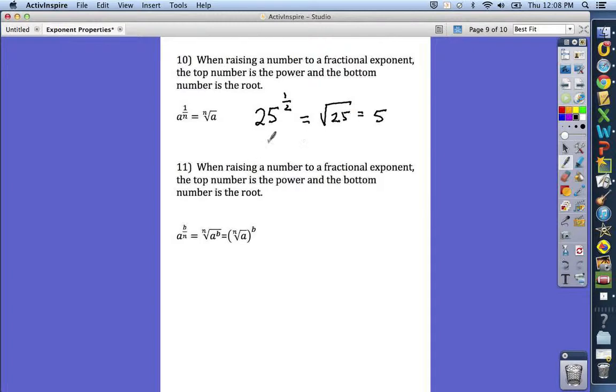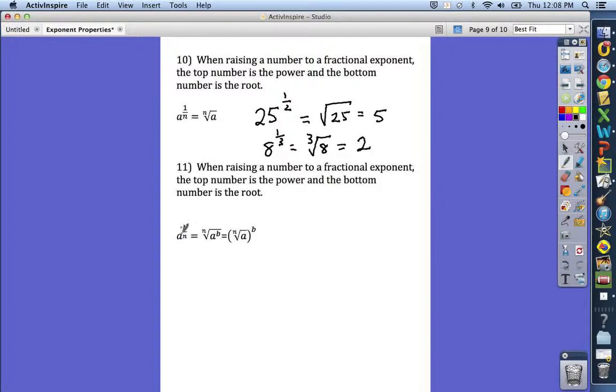But if I said 8 raised to the 1/3 power, that's the same as the cube root of 8. And that means what number multiplied by itself 3 times is equal to 8, then that answer is 2. So when we see fractional values like 1/2, that means square root, 1/3 means cube root, and you can evaluate from there.